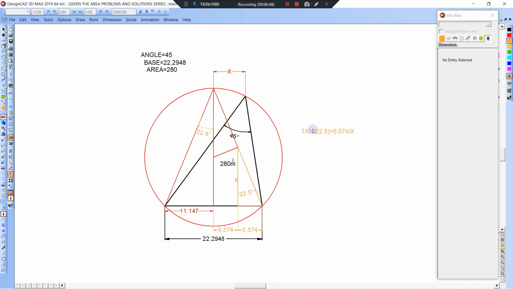We get 5.574 divided by tangent 22.5. Enter, we'll get 13.